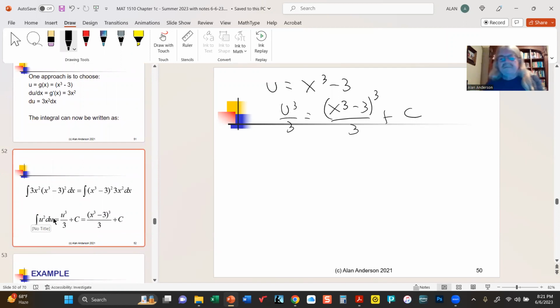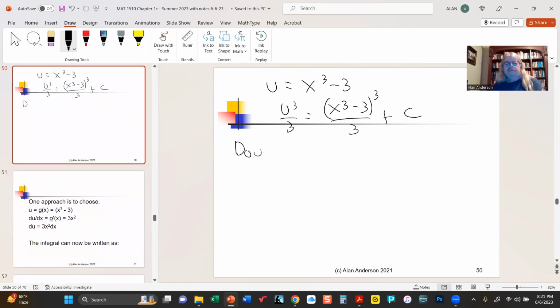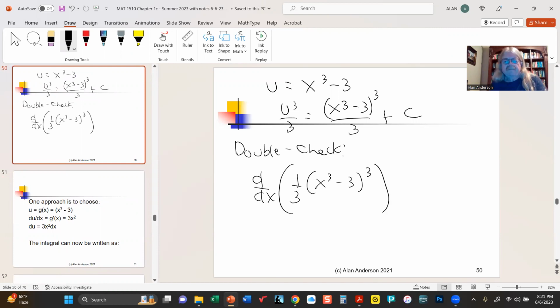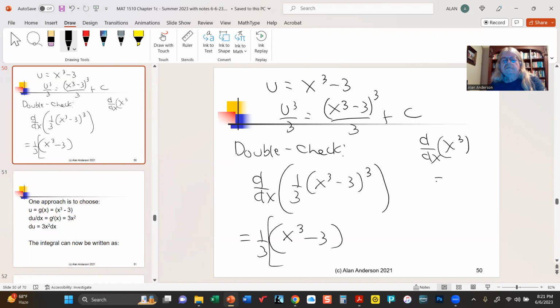And once again, we can prove it. So by the chain rule, we have x cubed minus 3. Now there's already a 1/3 here, by the way. So we're going to have three x squared.